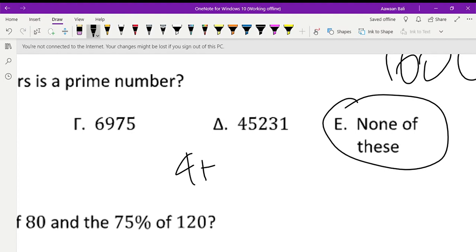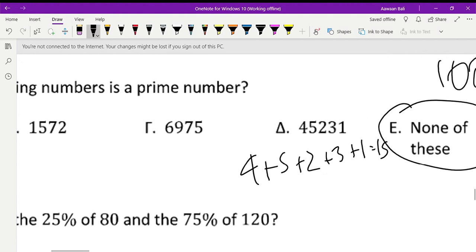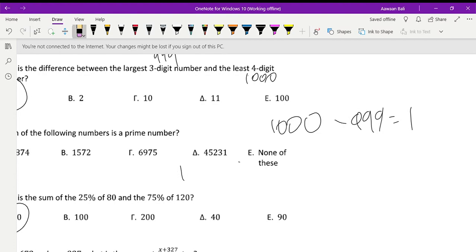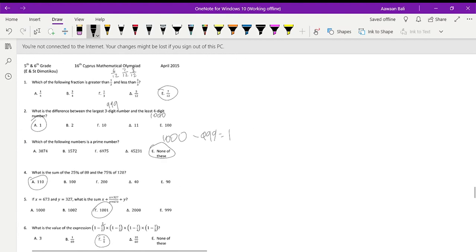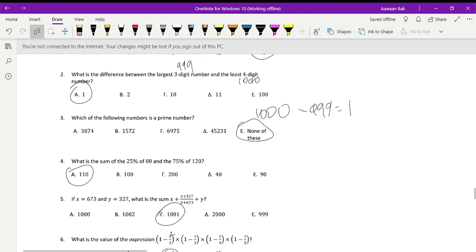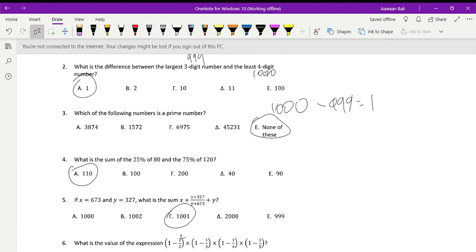Now 4 plus 5 is 9, plus 2 is 11, plus 3 is 14, plus 1 is 15. 15 is divisible by 3, so therefore delta is divisible. 45,231 is also divisible by 3. Therefore the answer is eta, none of these.